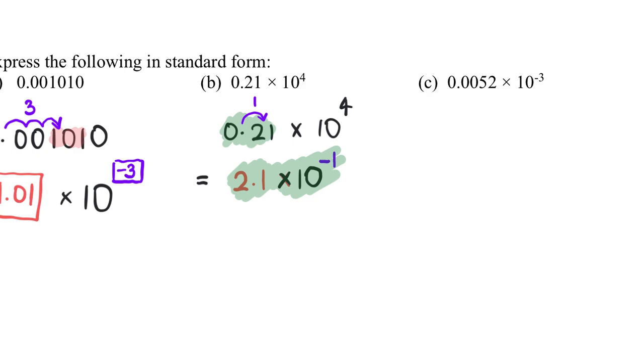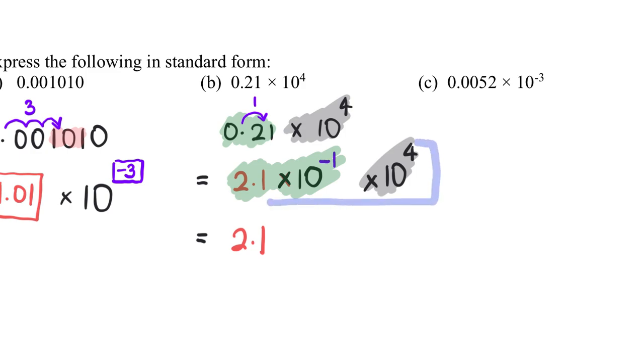Not forgetting, there is still my 10 to the power of 4 here. Then I still have my 2.1, times 10 to the power of, the base is the same, 10.